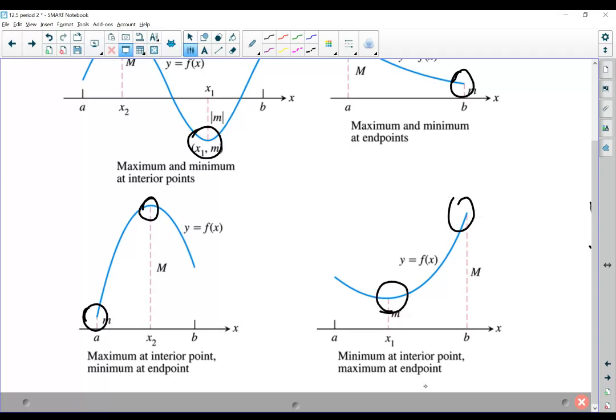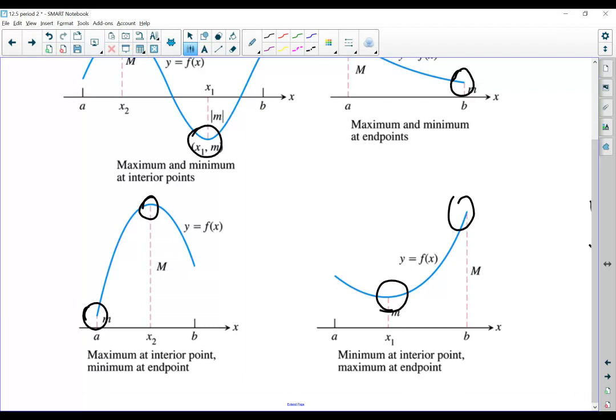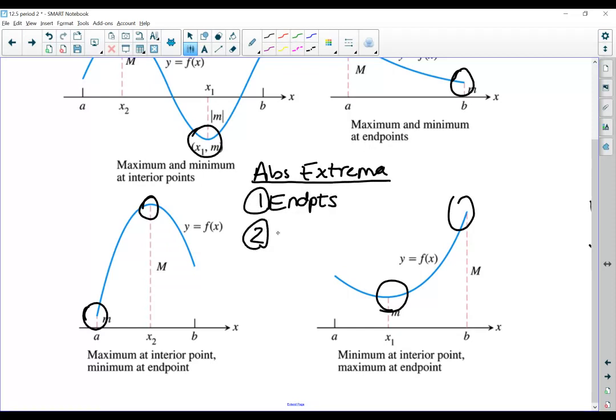So if I look here and I'm thinking about what all of these points have in common, they all are one of 2 places. Absolute extrema can only occur at endpoints or critical points.